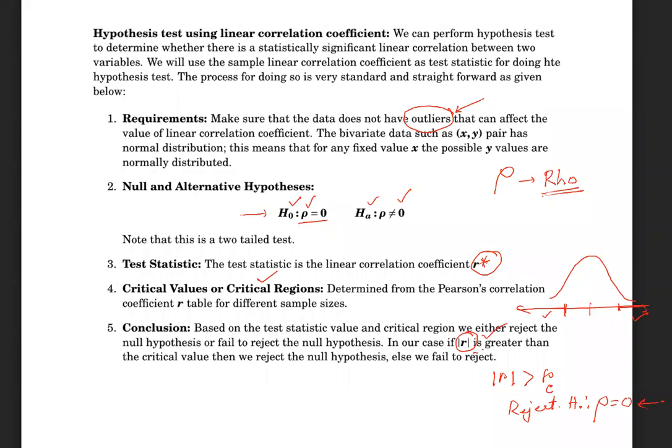On the other hand, if your absolute value of R is less than that critical value, then you do not reject the null hypothesis H sub 0, which says rho is equal to 0, meaning no linear correlation. Now, these are the steps that you're going to go through. Very straightforward, very simple, nothing complicated.